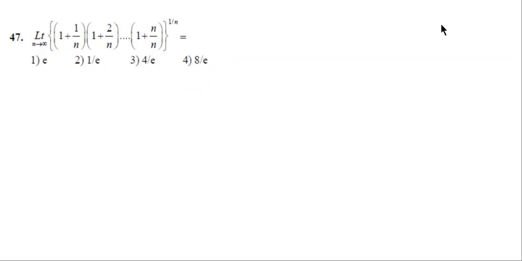Not possible. Summation means symbol sigma. Product means no, we can't write. So that's why already one problem we have done. A means how to write? E power log a to the base c. This formula already you know very well.